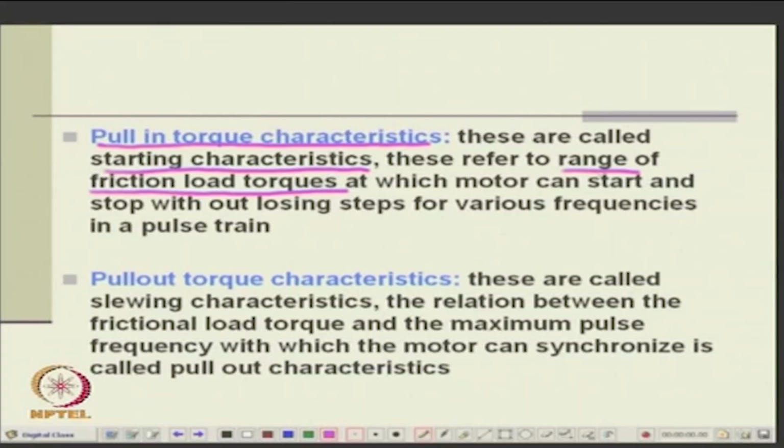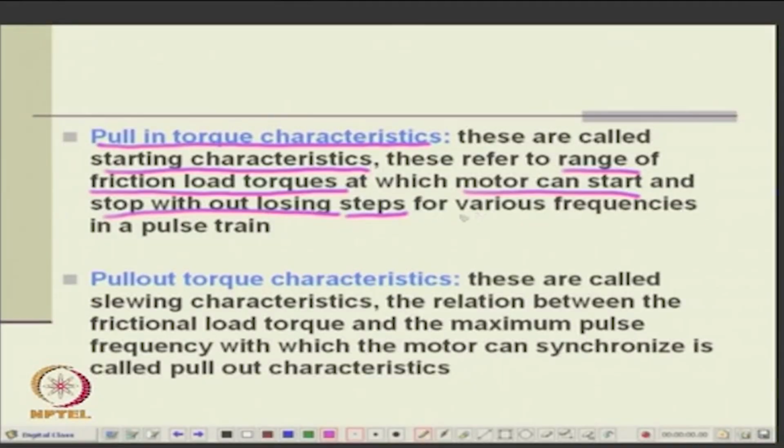So there is a range of frictional load torques where the motor can start and stop. See, with a bus, I think you will be able to understand this practical thing. It can start, stop, and it does not lose steps, and the frequency is like the speed of a bus or a car.